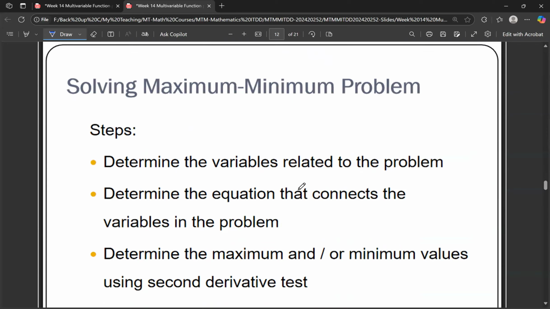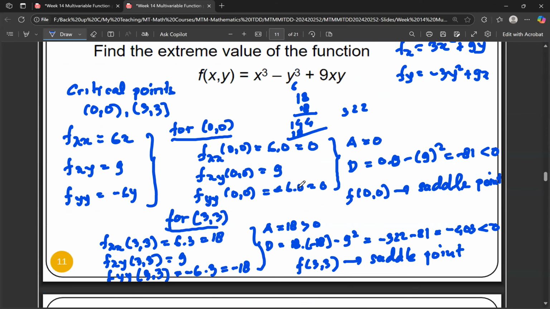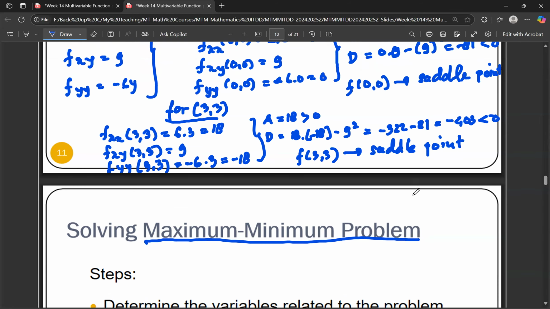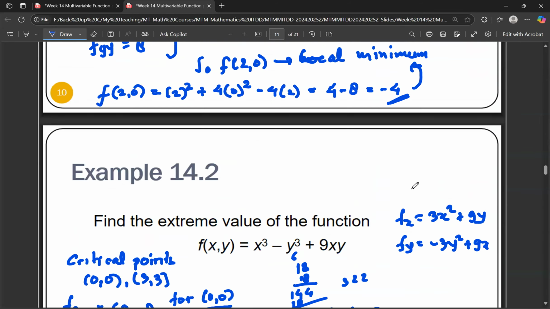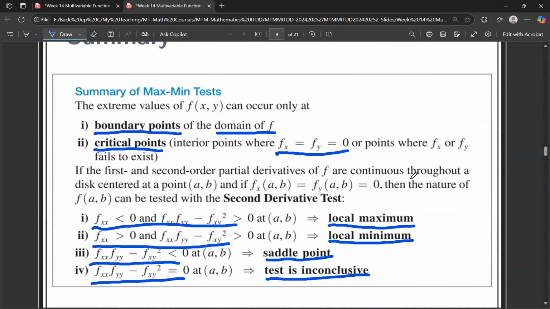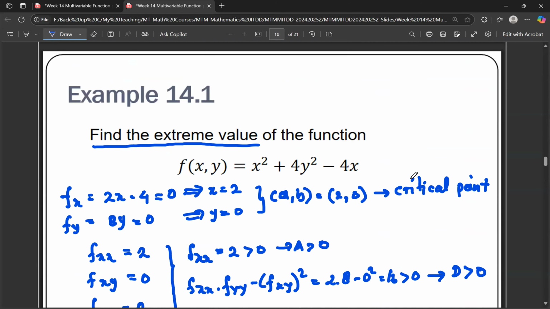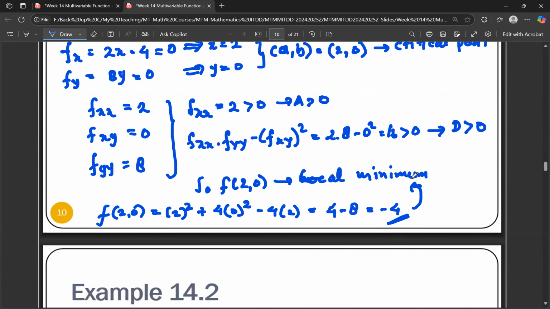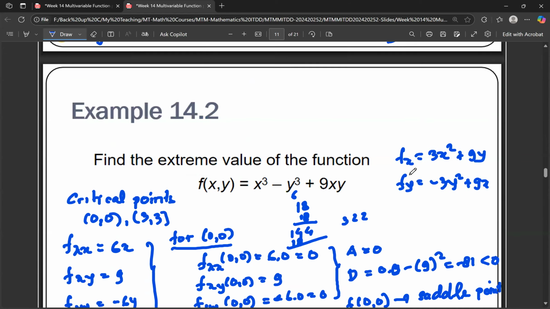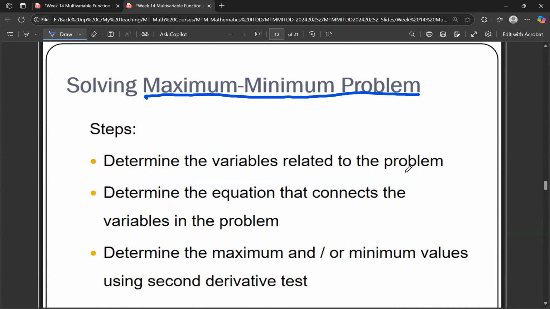Now we go to the maximum or minimum problem. The test of maximum or minimum problem uses this test, the same as example 14.1 and 14.2, but we need to formulate the problem.